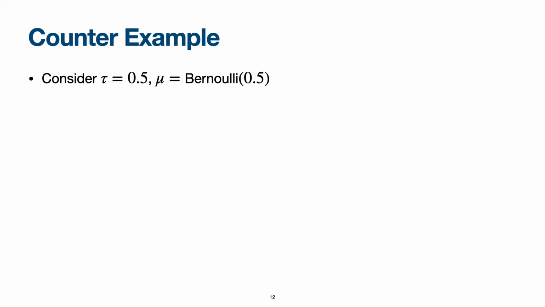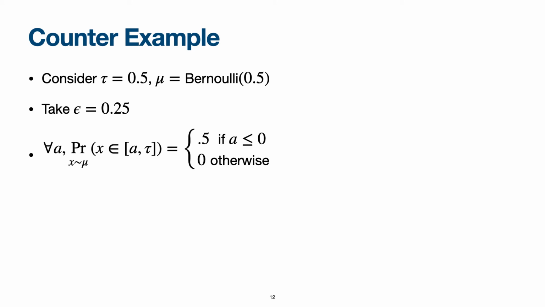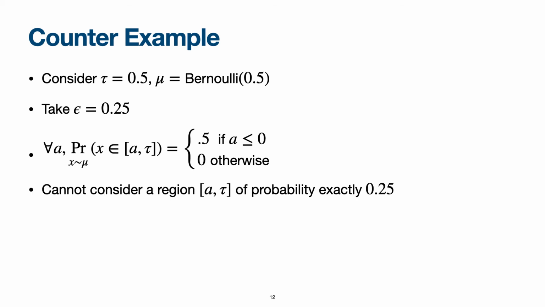And here's a counterexample. You could say that tau is 0.5, that mu is a Bernoulli distribution parameterized by 0.5, which means that half of the mass will be on 0 and half of the mass will be on 1. And now if you try to achieve an accuracy of 0.25, you have the problem that for every possible A, the probability that A will fall in that region is 0.5 if A is less than or equal to 0 and 0 otherwise.